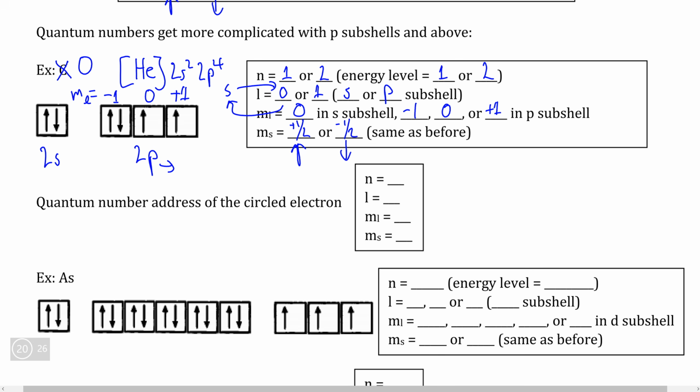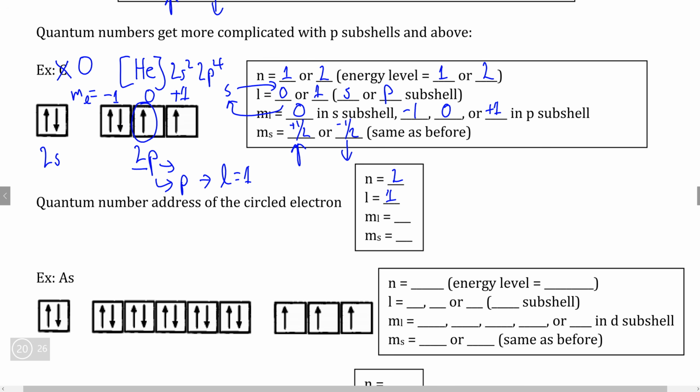Now, if we wanted to address the specific quantum numbers of a specific electron, let's look at this electron here. We know this electron is at energy level 2 because it's in the 2p subshell, so n is equal to 2. And we know that this is a p subshell. p means that l is equal to 1, so there's our angular momentum quantum number.